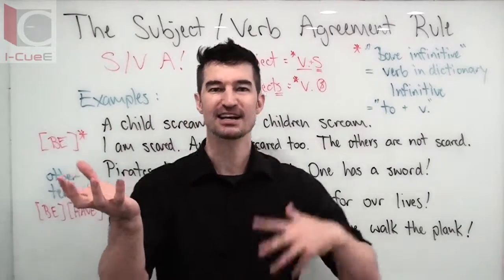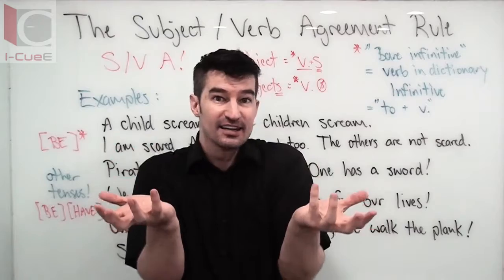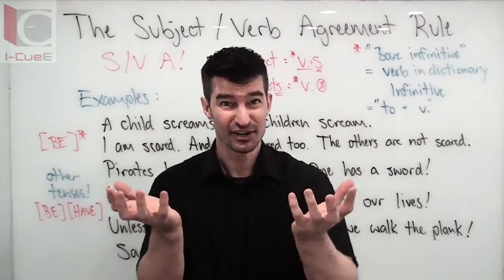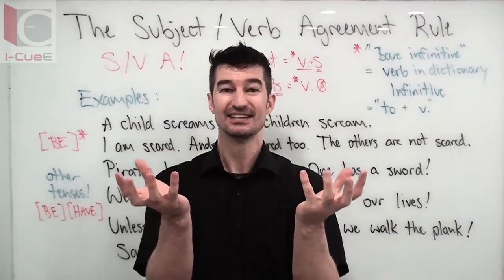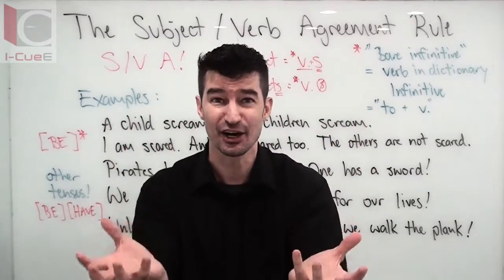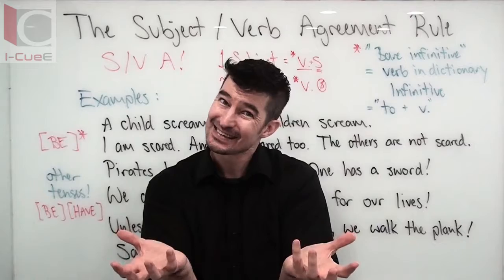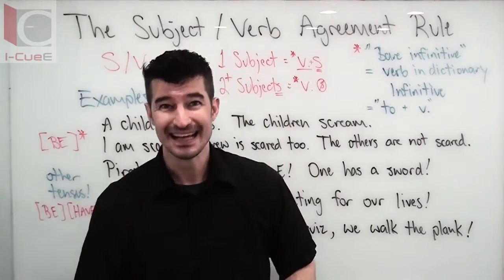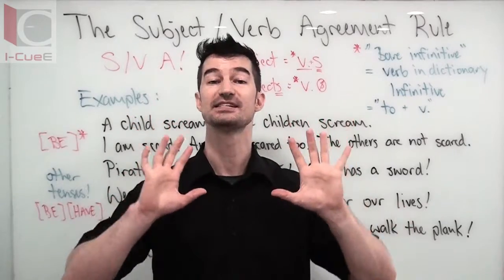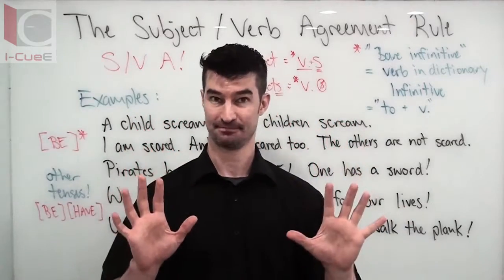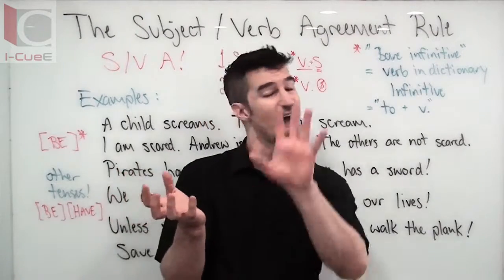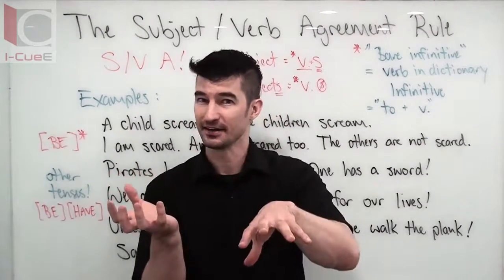What the subject and verb need to agree on is just number. And that number is usually determined by one letter, the letter S. One way to think about the subject-verb agreement rule is that there will always be an S. A singular subject has no S. There's only one.